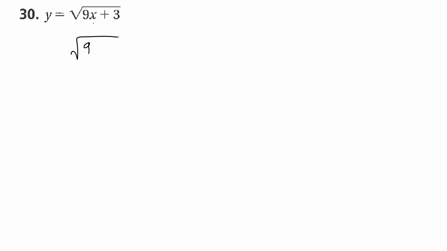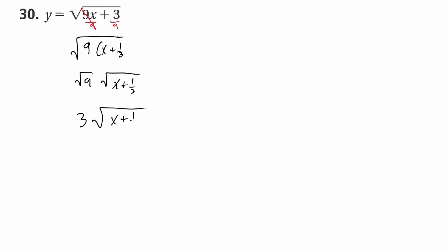When I divide the 9x by 9, you just get an x. If you divide 3 by 9, you get 1/3 when you reduce that. And so I'm going to rewrite this as the square root of 9 times the square root of x plus 1/3, and so this is 3 times the square root of x plus 1/3.